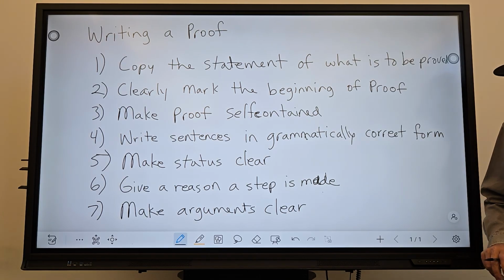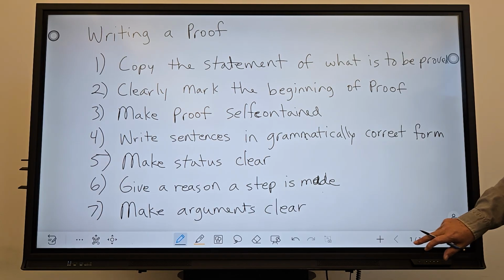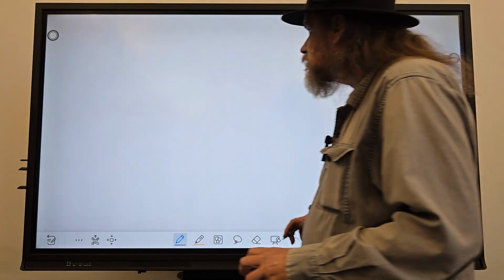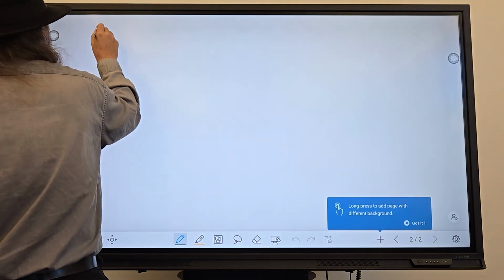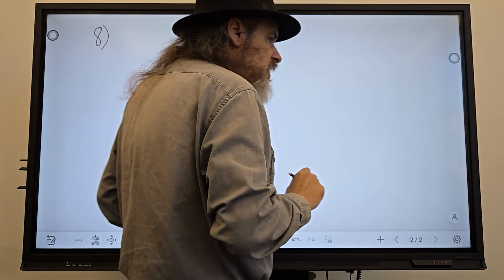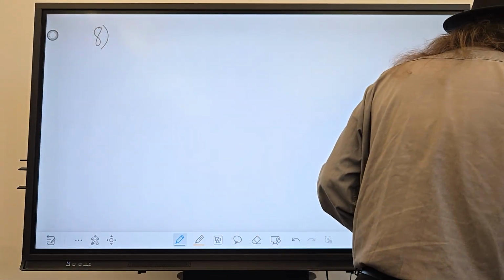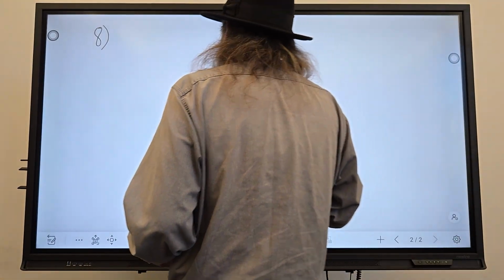All right, let's see here. Space. So 8. Display equations and inequalities.